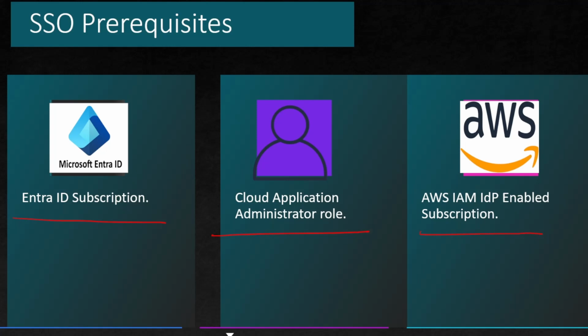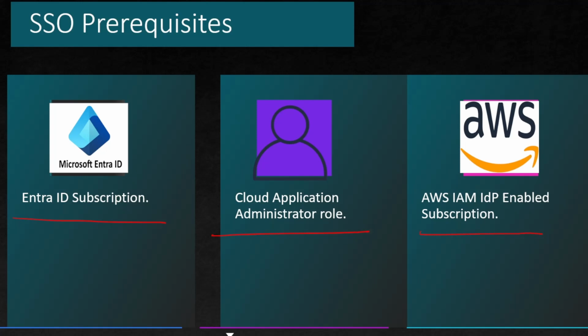The integration process involves adding the AWS IAM Identity Center from the gallery to the list of managed software as a service apps within the Microsoft Entra admin center. We'll also configure some of the SSO-based settings and then test the setup with a user. All of this ensures that users can be automatically signed into AWS IAM Identity Center with their Microsoft Entra ID accounts, centralizing account management in one location.